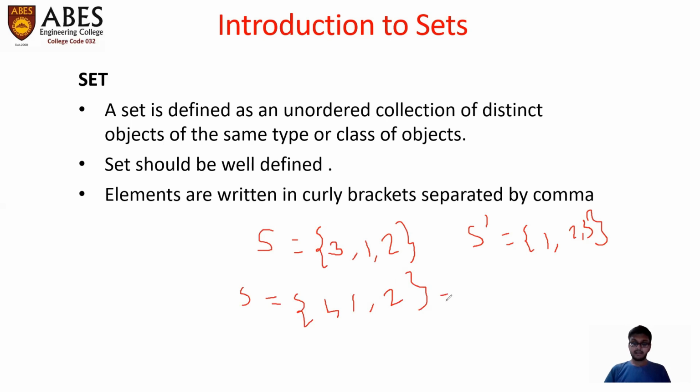So the set will be equal to 1, 2. This is a properly well defined set. Distinct means that repetitions of elements are not allowed. Well defined, I'm taking in the next slide.